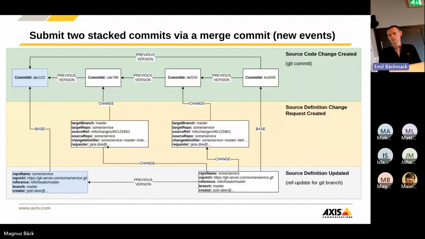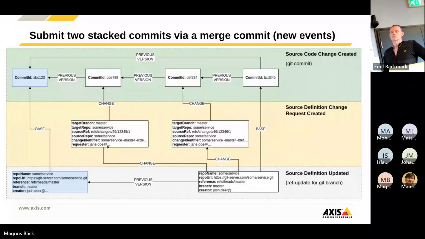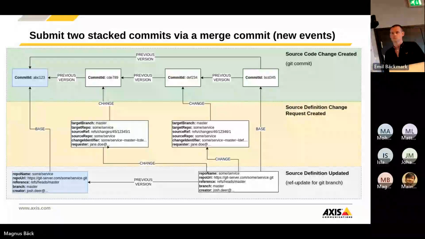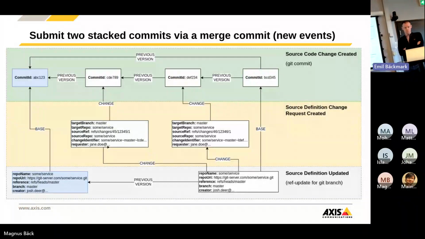But so then if you want to point to something that's on a repository, a commit in a project, what would you point to? Would you point to the source definition updated then?